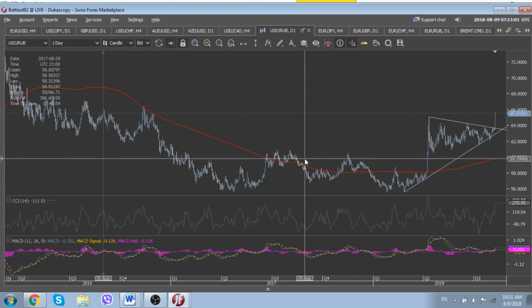The dollar ruble closed the market yesterday at 65.55. That's because of the imposing of new sanctions by the United States against the Russian Federation. The real negative effect on the Russian economy we could see only when these sanctions are really imposed, and that could happen only during autumn time.